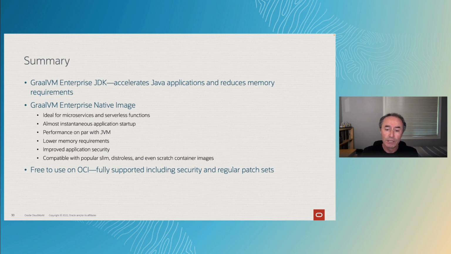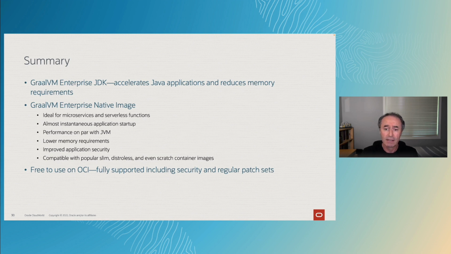But in doing so, you reduce your memory requirements, you improve your application security, and as we've seen, it's compatible with all these popular container images. It's also supported by all of these downstream microservices frameworks, right? Micronaut, Quarkus, Helidon, Spring, all those are designed to work with GraalVM Native Image, making it much easier for you to use.